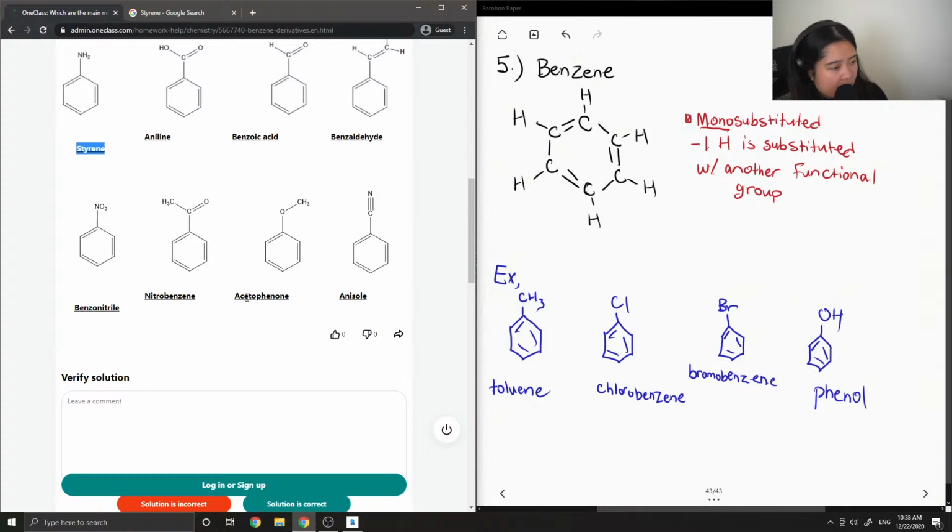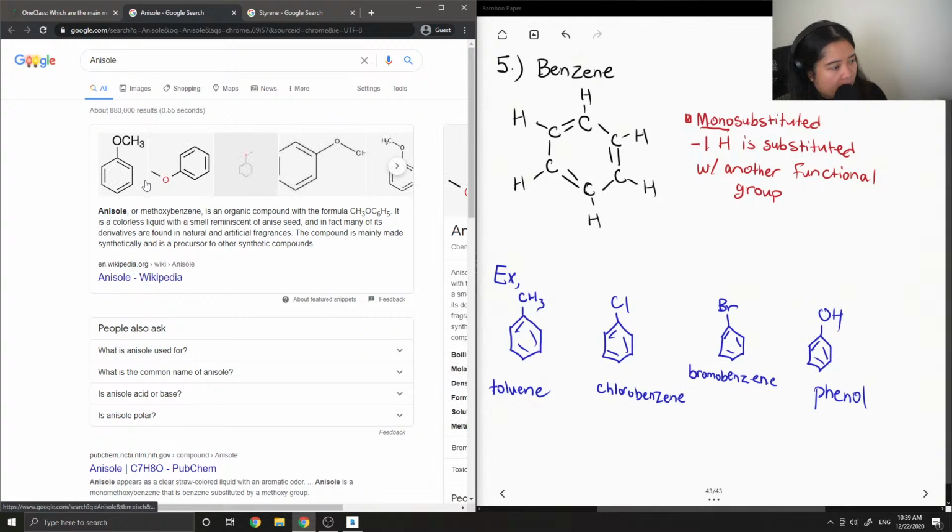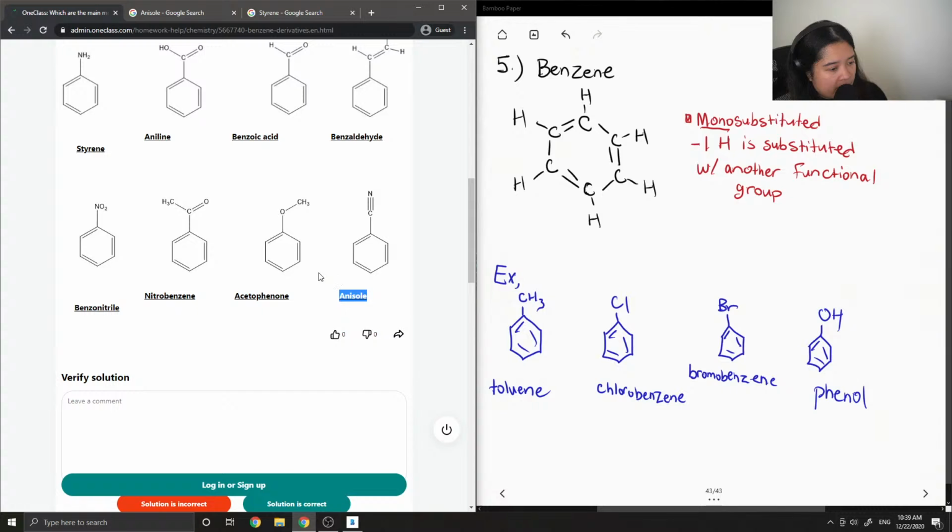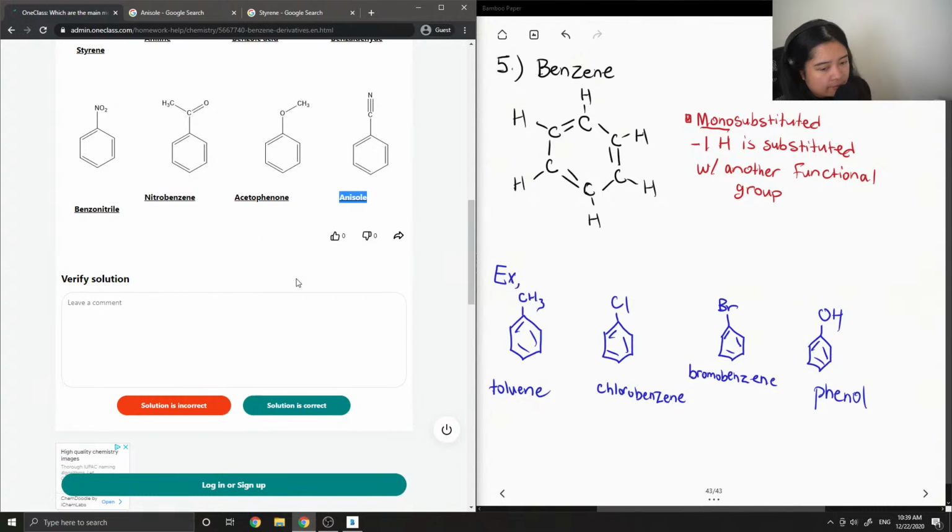So acetophenone is the second compound here. Benzonitrile is the last one. Nitrobenzene is the NO2 group. And anisole is that, yeah. So it's pretty much like methoxybenzene, so it's the third compound here.